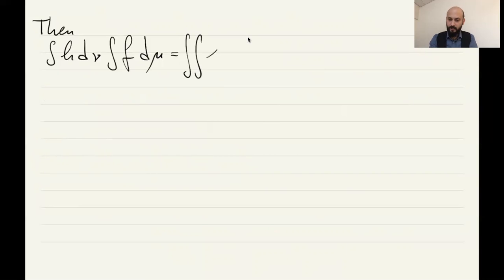So then, if I integrate h d nu times the integral of f in d mu, I can see this as a double integral of, say, h depends on y, f depends on x, d mu integrates in x, and d nu integrates in y.